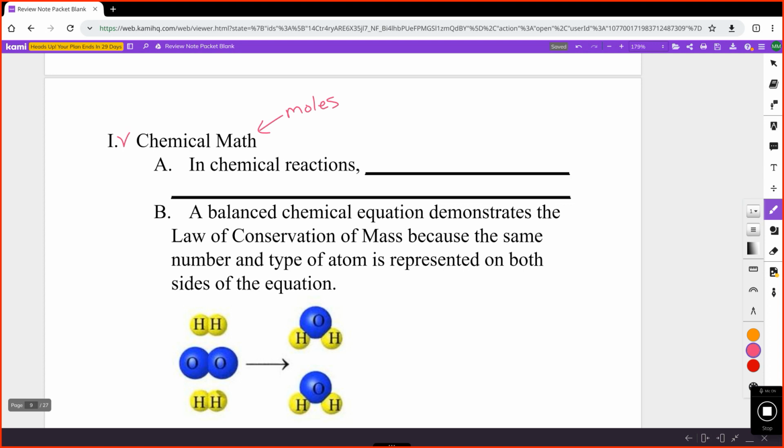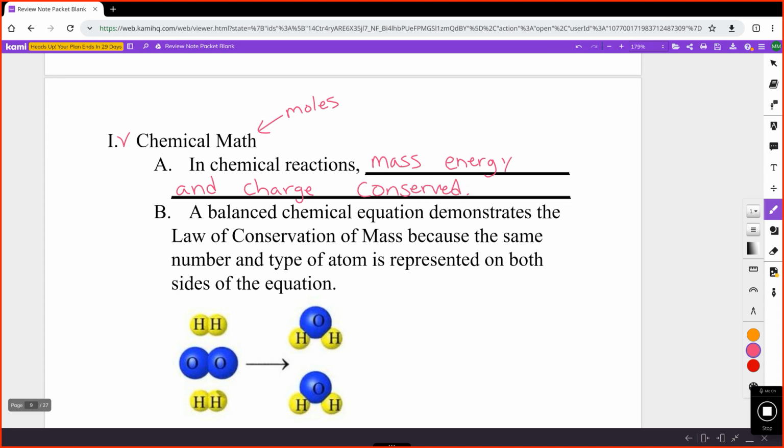The first thing that we really discuss, and it's kind of an overarching thing throughout the entire year, is that all chemical reactions have three things: mass, energy, and charge that are conserved.